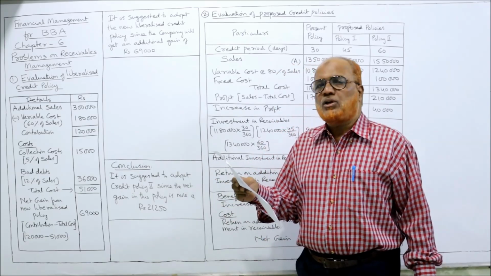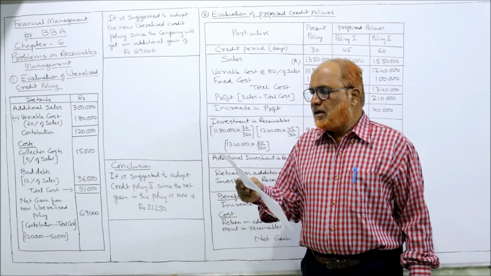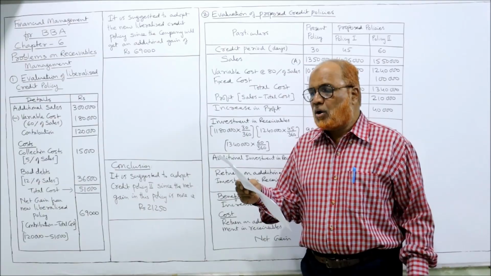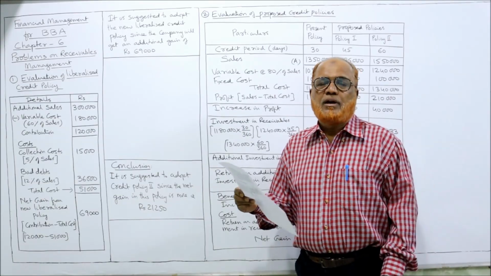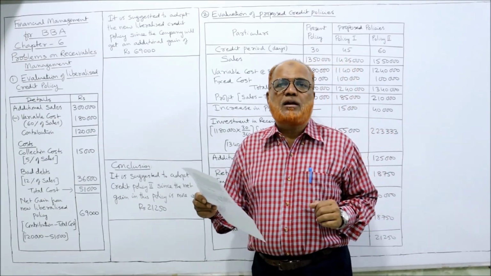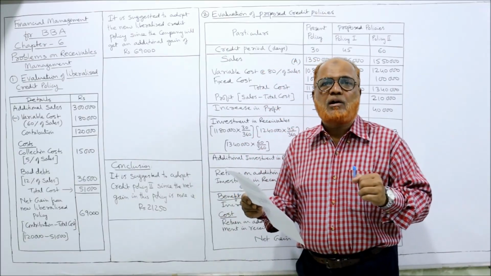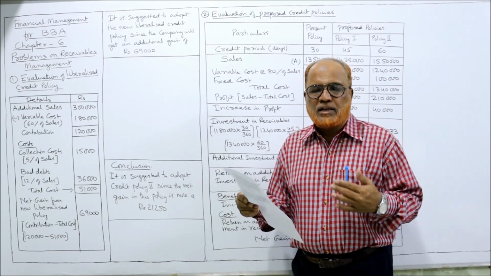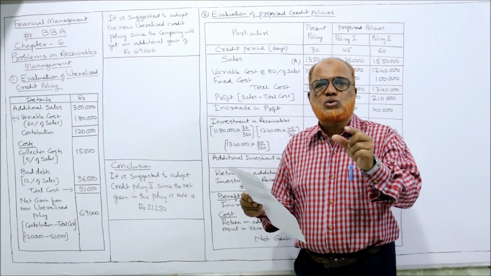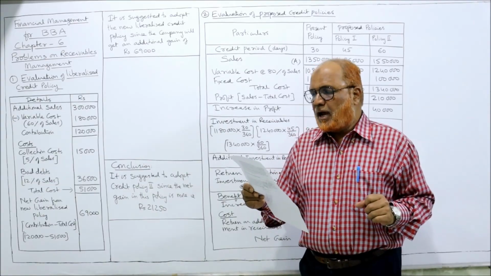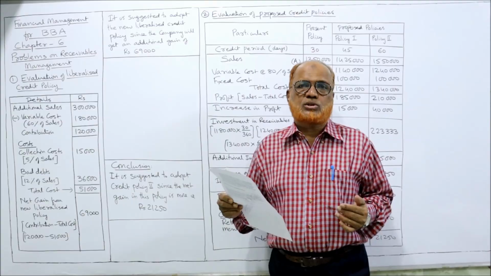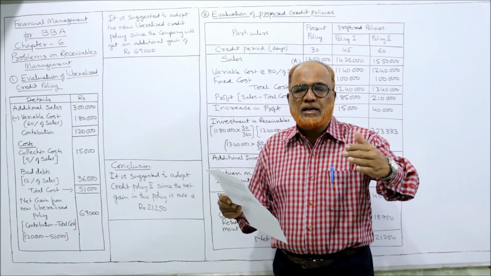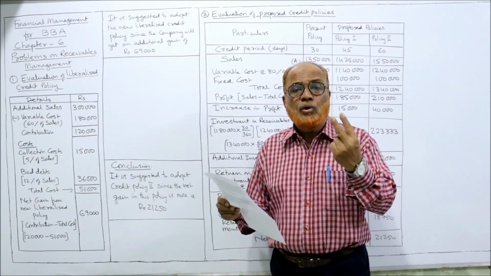So 60% of sales is the variable cost, and there will be 12% risk of non-payment. Risk of non-payment is nothing but bad debts, irrecoverable debts. There is a chance that 12% of sales will become bad debt. And 5% collection cost. That means if we liberalize the credit policy, we incur two costs.